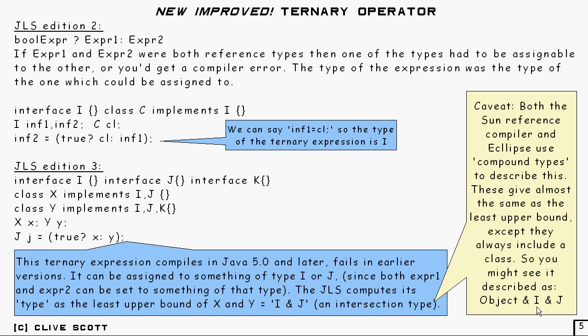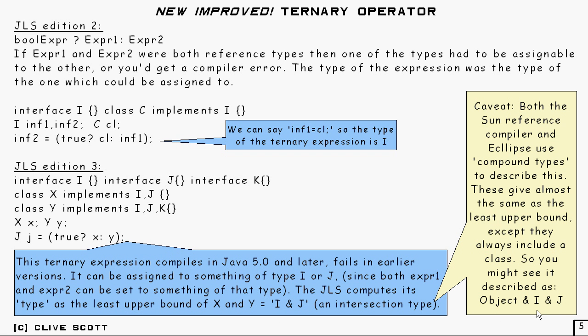And what can I say about this? Well, of course, this Object here is completely redundant, as you'll notice. You see, least upper bound. In fact, the reason it's called least is because it prunes a lot of this stuff away. A lot of this redundant stuff is pulled out. Because if you can set something to I, which is an interface, anything that you set to I is going to be some sort of concrete class that you've done new on somewhere to actually hold something.